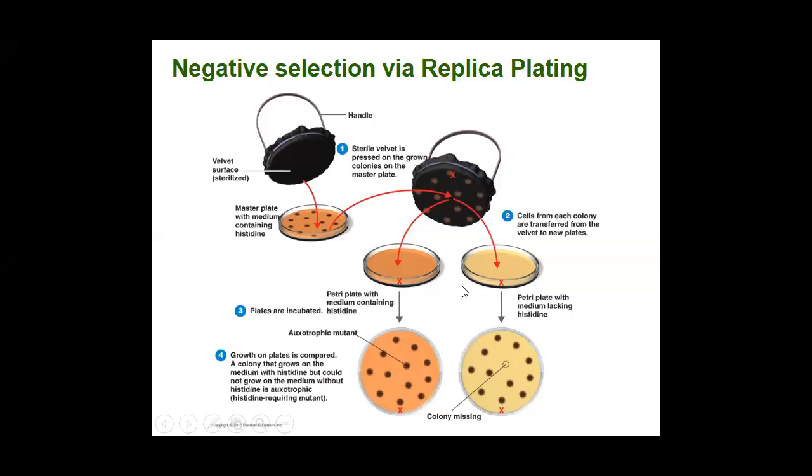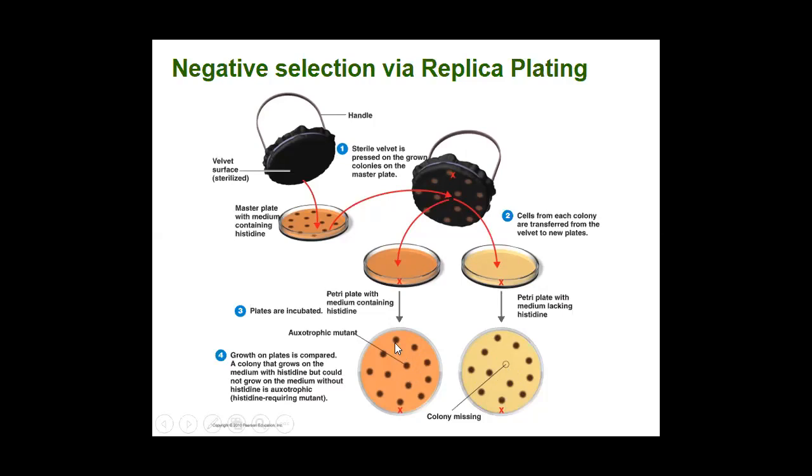Well, if you use the pad to place it on one plate containing media that has the amino acid histidine in it, and another plate that is lacking the amino acid histidine, and then you look at the growth on these 2 plates, you can see that this colony here and here, in the media lacking the amino acid histidine, this colony is not growing, but it is growing if we supply the amino acid.